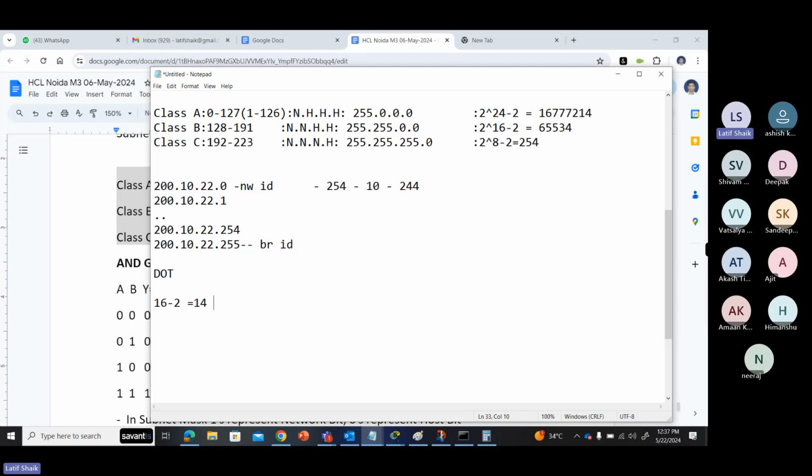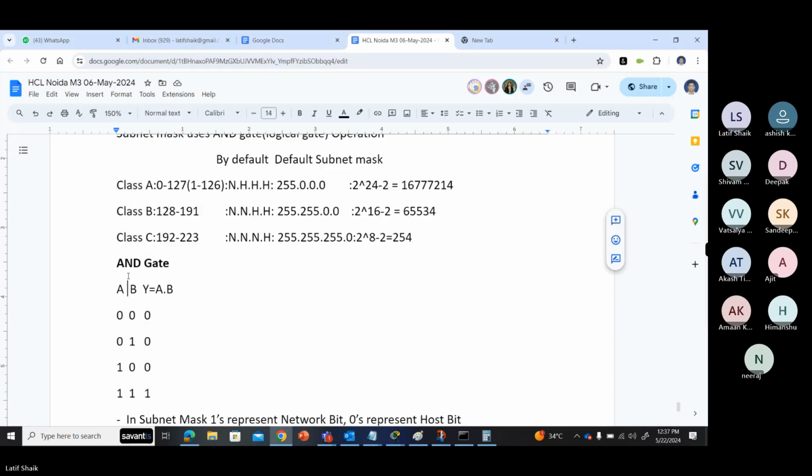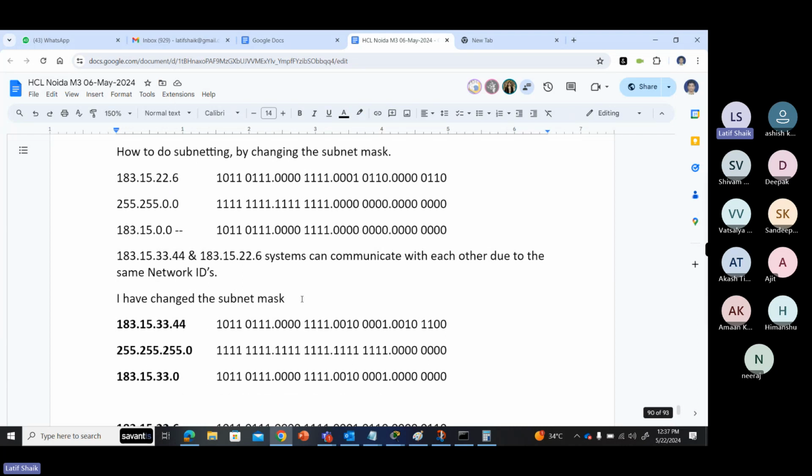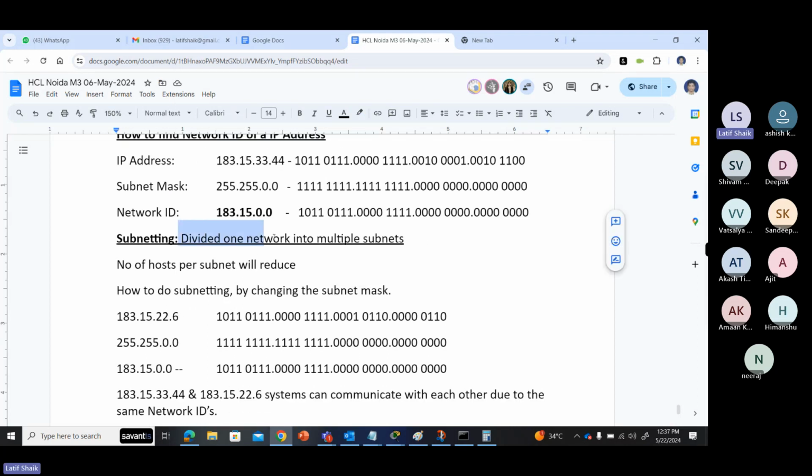So this concept, dividing that entire network into sub networks, we call subnetting. What is subnetting? Dividing one network into multiple subnets.